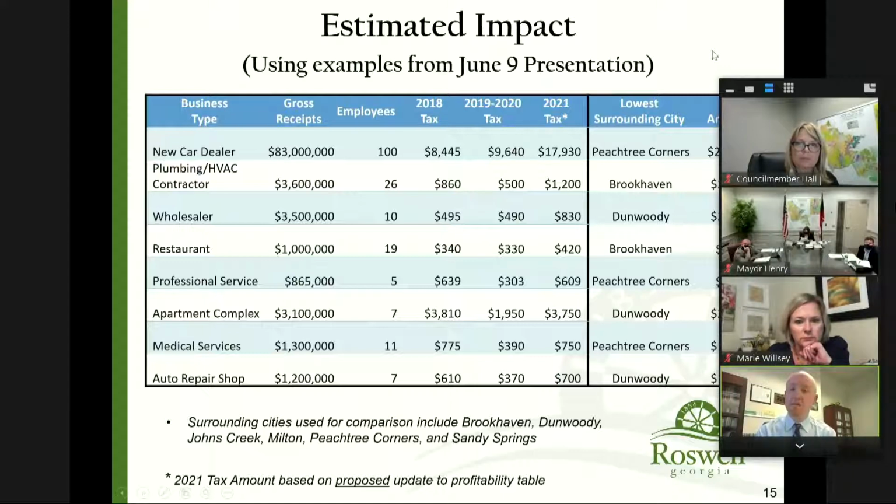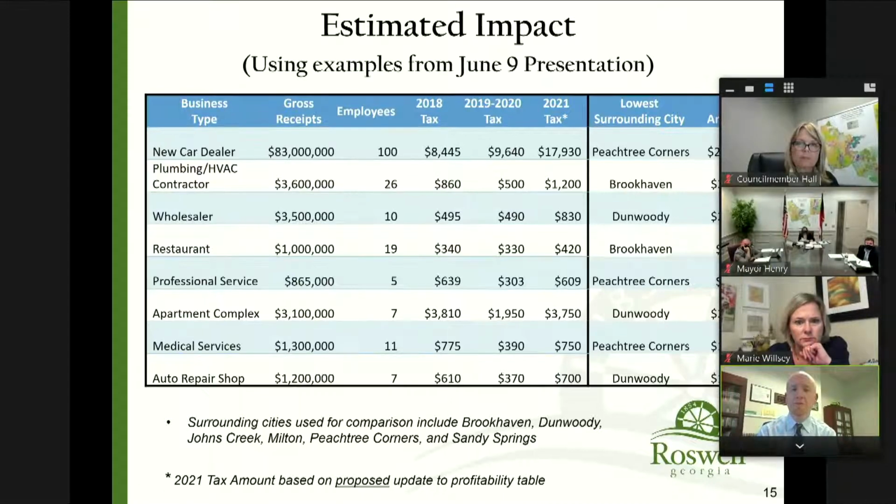This is one change I also wanted to point out. There's one change in this slide from the original presentation that I sent out. I did go ahead and add in the 2018 tax amount, based on some questions and feedback I'd received, so that we were showing all of those years.